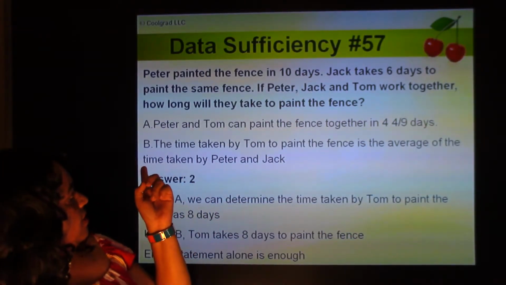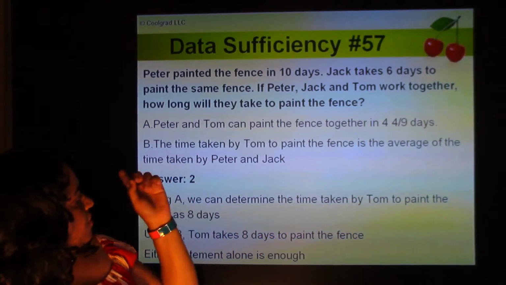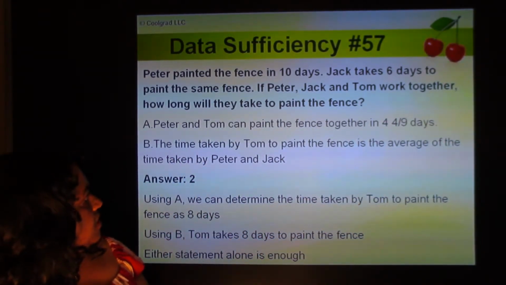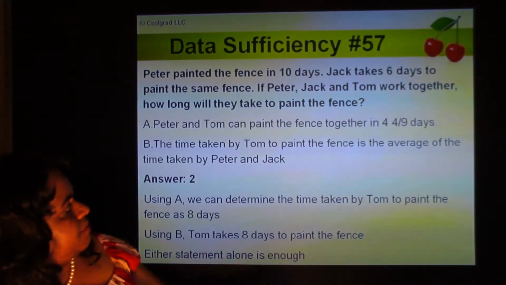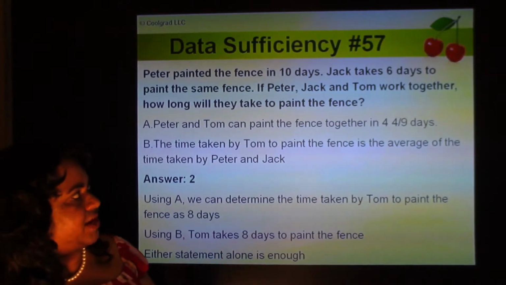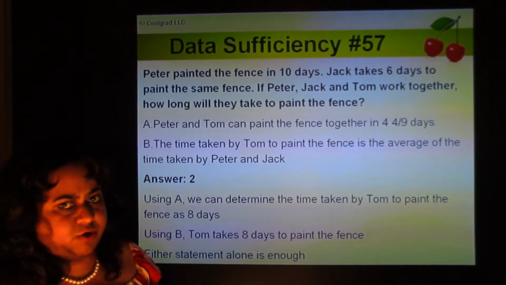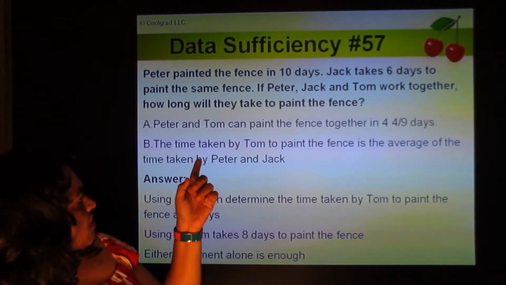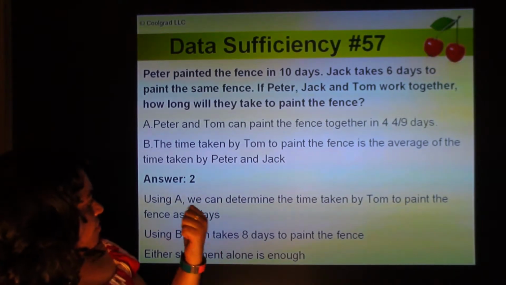And statement B, the time taken by Tom to paint the fence is the average of the time taken by Peter and Jack. So we know the time taken by Peter, we know the time taken by Jack, and if the average of their time, that also we know. So if Peter, Jack and Tom work together, how long will they take to paint the fence?